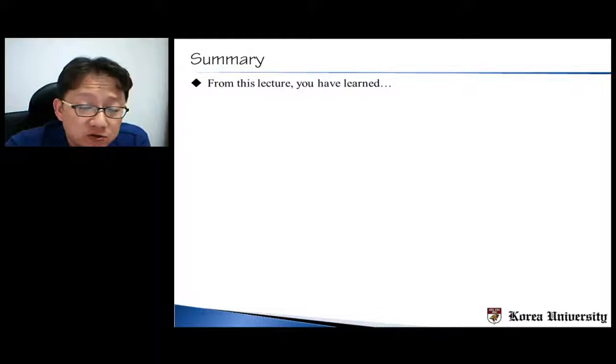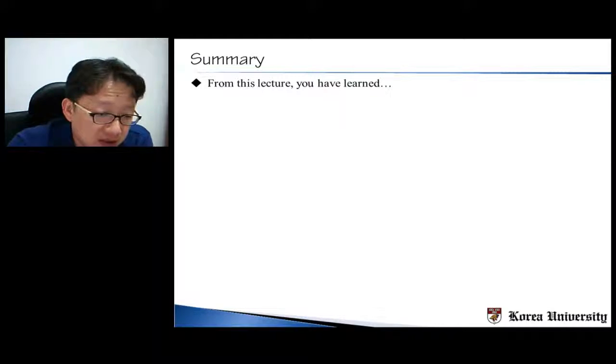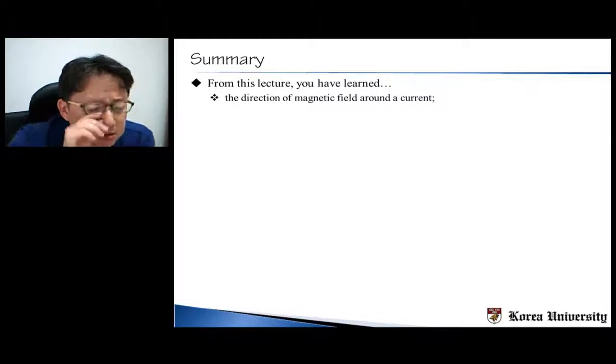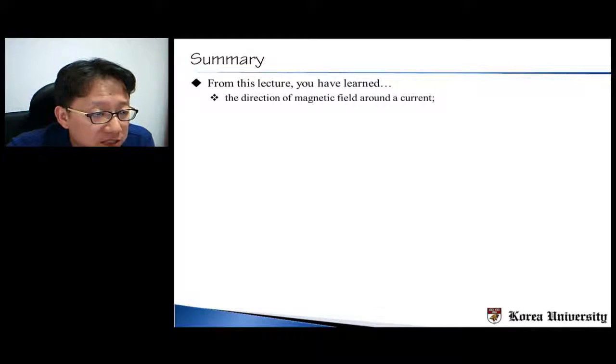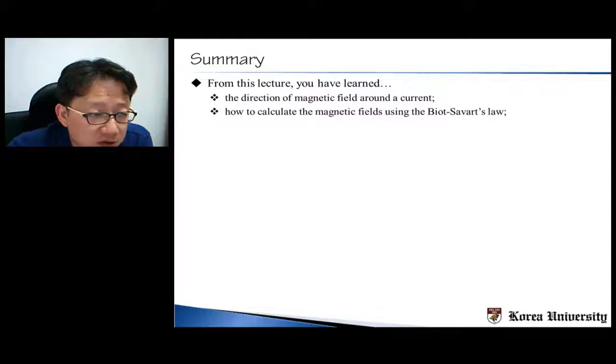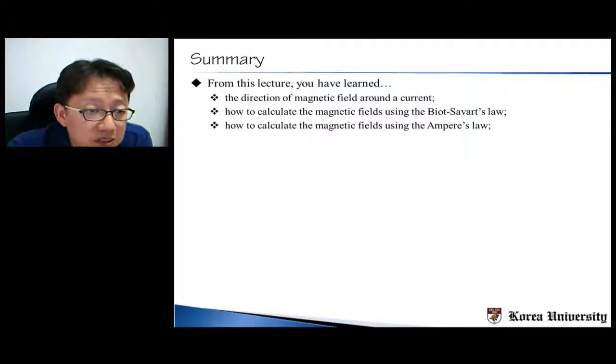Let's finally summarize this long lecture. This time the lecture was a little bit long, right? Anyway, from this lecture, you have learned the direction of magnetic field around a current, and we also learned how to calculate magnetic fields using the Biot-Savart law and also using Ampere's law. So try to make sure you understand these two laws.